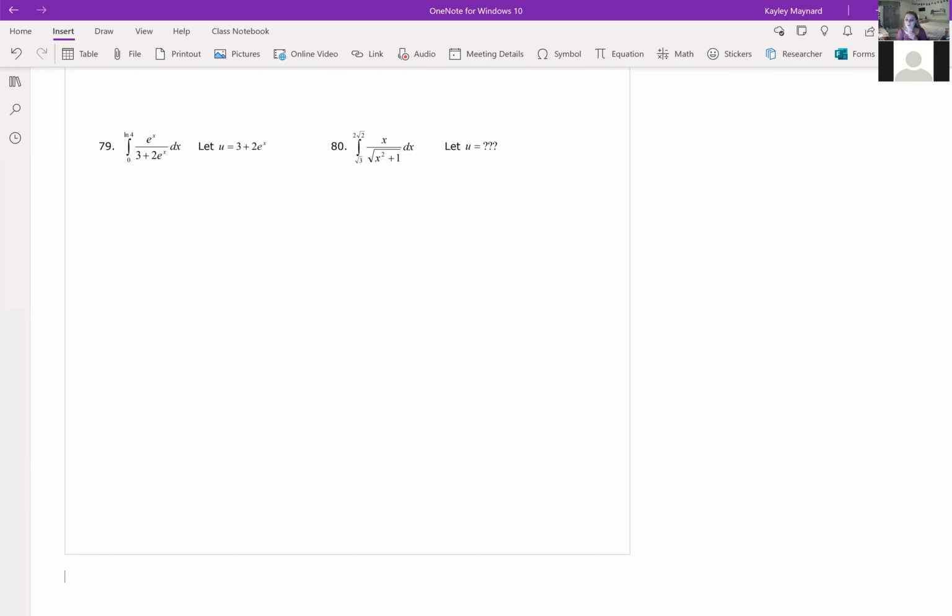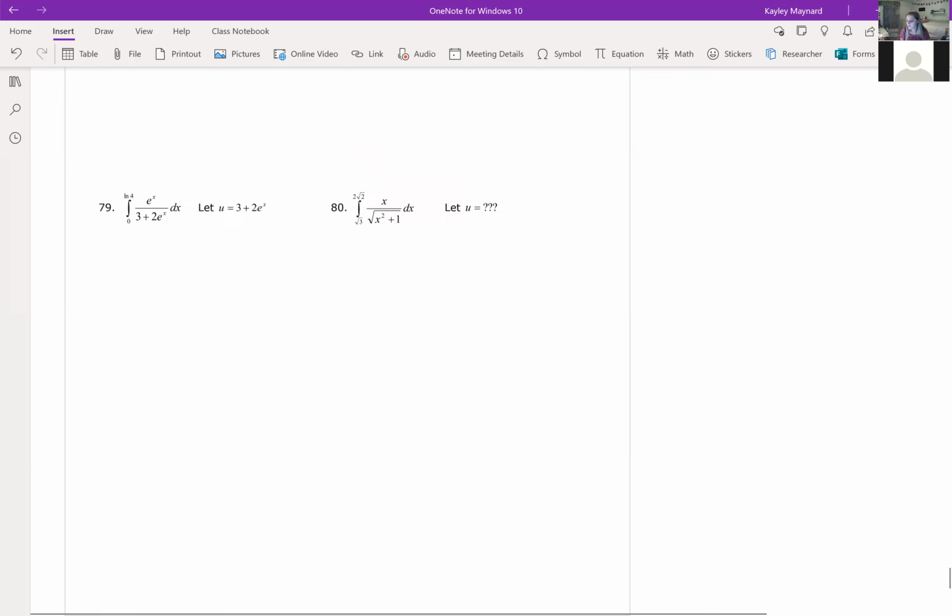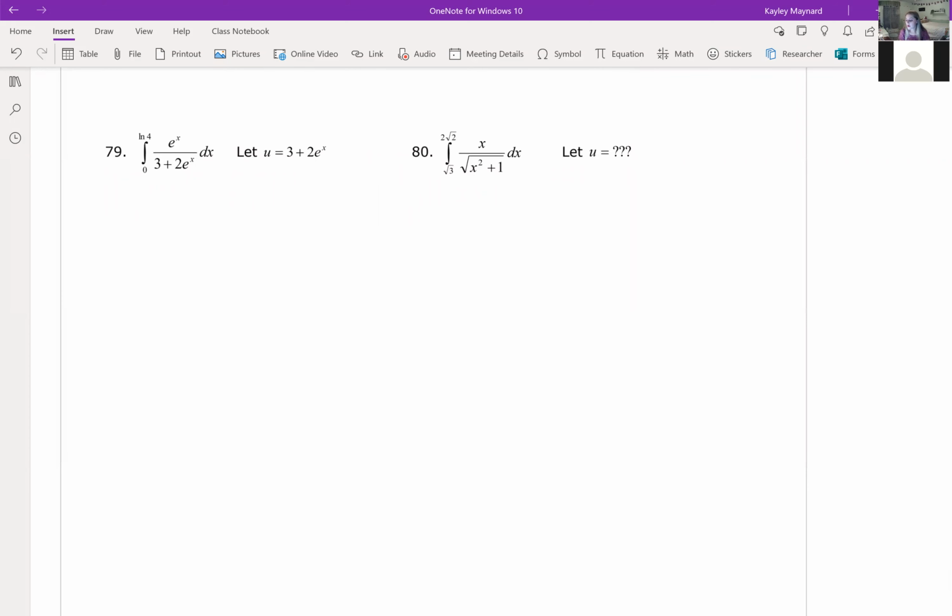So we talked about in recitation the process for doing U-sub and how you need to identify a composition of functions where the inner function, some multiple of its derivative appears in the integrand somewhere. So here we have x over the square root of x squared plus 1.